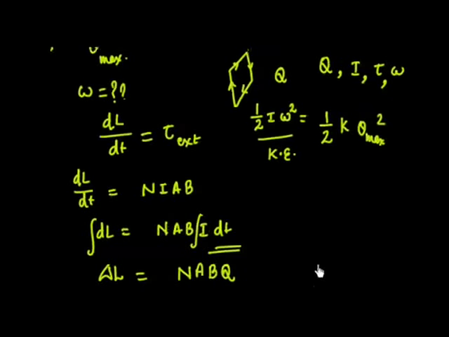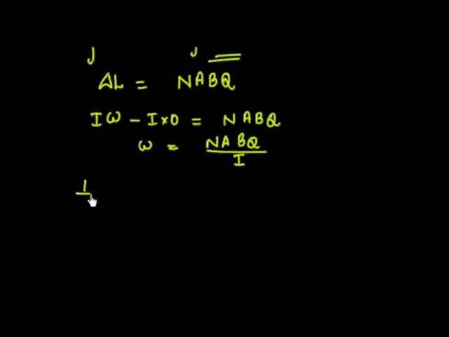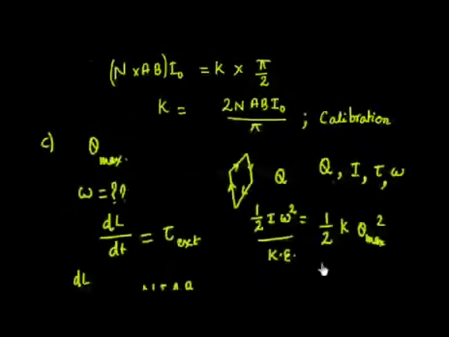Now you have to equate half I omega square is equal to half K theta max square, with omega equal to NABQ divided by I, where I is the moment of inertia. Are you getting or not? K, I have already calculated in part 1.